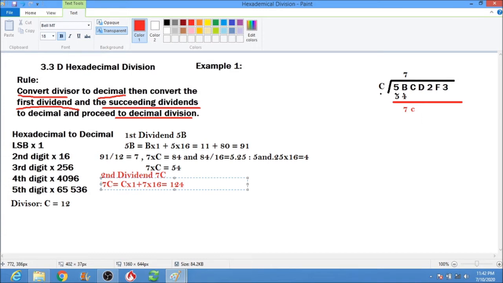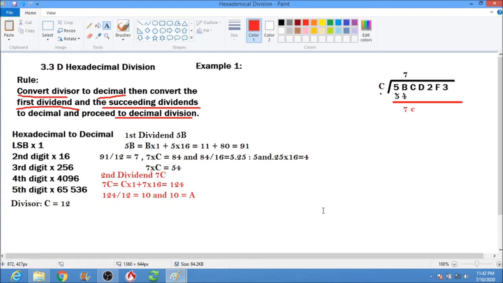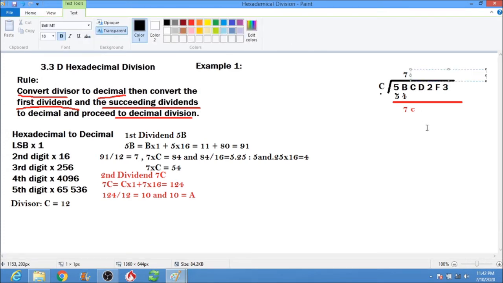Then 124 divided by 12 is equal to 10, and 10 is A. Therefore our answer for the next is A. Next, above the C, we write A.